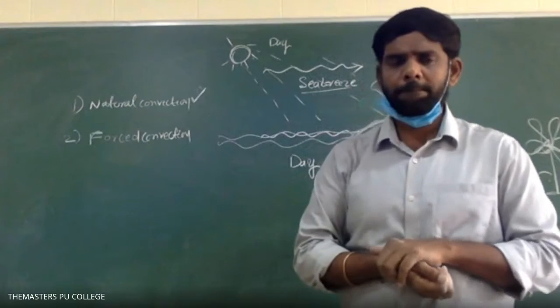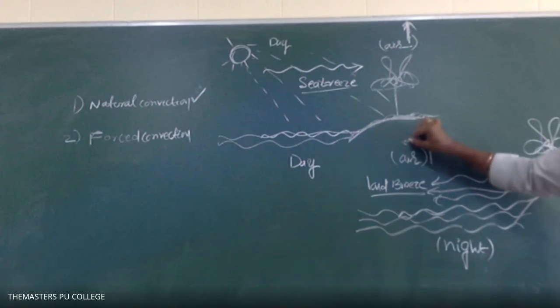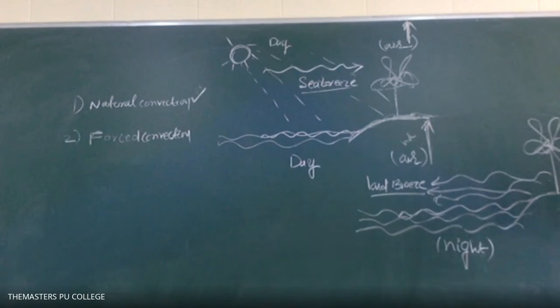In the second case it becomes vice versa. The land surface will be cooled down, so the temperature of the air above the land surface will fall first when compared to the temperature of the air above the ocean surface. The water is hot compared to the land during the night. That is why this is the hot air and this is the cool air.